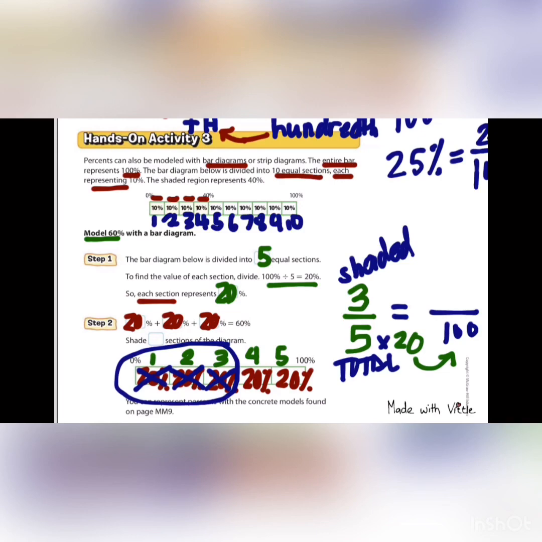Now I have to do the same thing on the top number. And now we can see that 3 out of 5 is equivalent to 60 out of 100, which can also be written as 60%. So, 3/5 or 3 out of 5 is equivalent to 60%. 60 out of 100 is equivalent to 60%. The 3 out of 5 is just a simplified form of 60 out of 100.